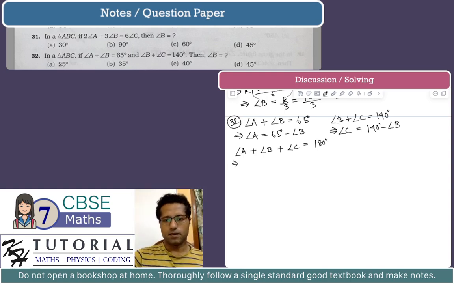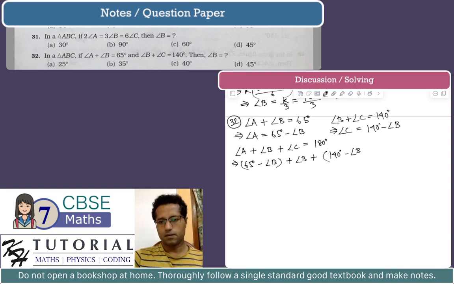So this implies A we have found to be 65 degree minus angle B, and B is angle B, and C we have found to be 140 degree minus angle B, we have 180 degree. So if you simplify the left hand side, we get 65 degree plus 140 degree is how much? 205 degree, and 1B will cancel with 1B, and we will have minus angle B equal to 180 degree.